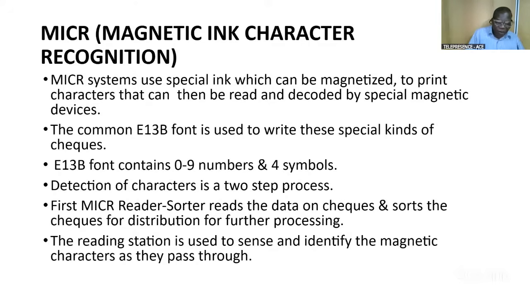First, the check reader reads the data on the check and sorts the checks for distribution for further processing. The reading section is used to sense and identify the magnetic characters as they pass through.